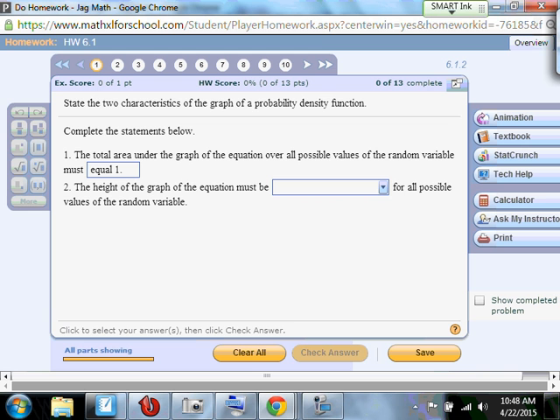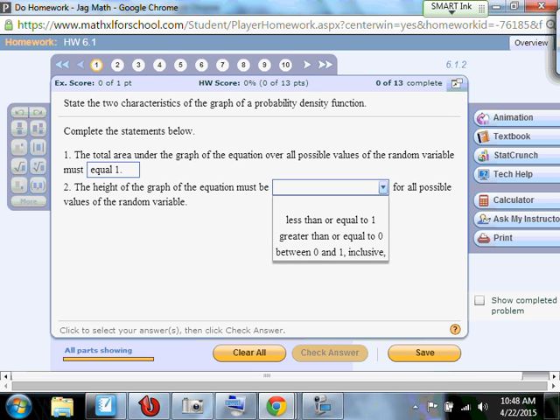The height of the graph of the equation must be, oh, that's interesting. Less than 1? Well, possibly less than 1, but the fact that it's got to be above the horizontal axis tells us it's got to be positive, or greater than 0, right?